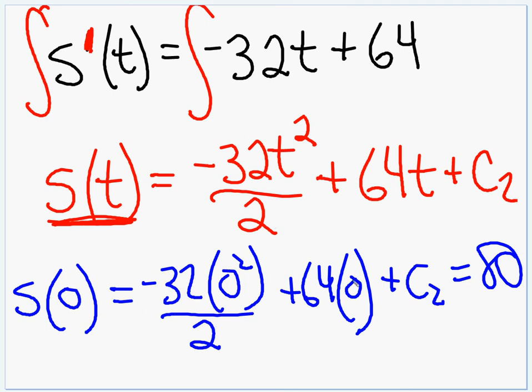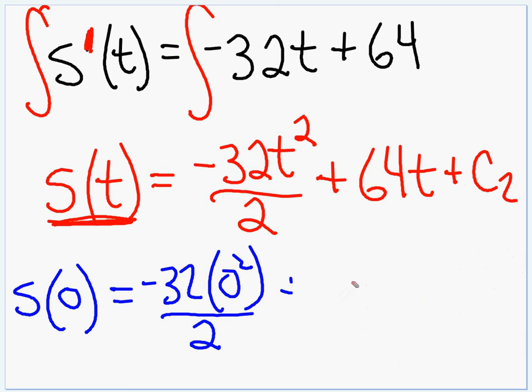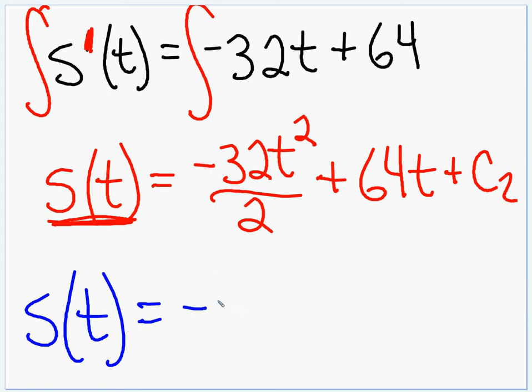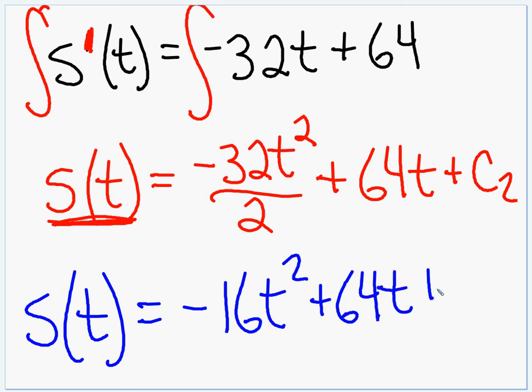It's going to get all wiped out, and our c sub 2 is equal to 80. So again, I'm going to erase this down here, and replace this c sub 2 with the 80 that we just found. So s of t is equal to, let's simplify that to the negative 16 t squared plus 64 t plus 80. And that's our final answer for part A.